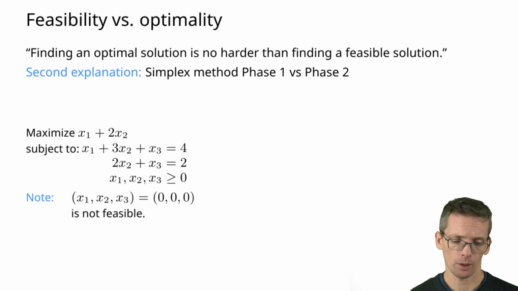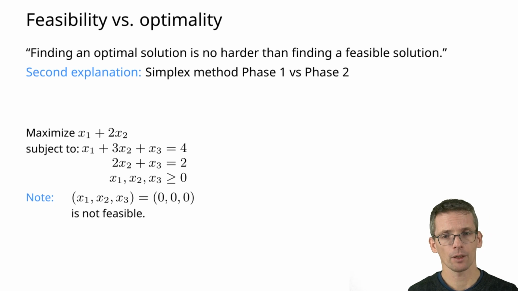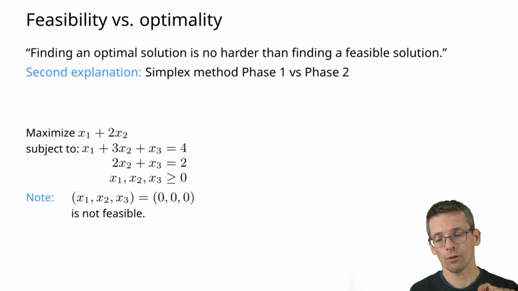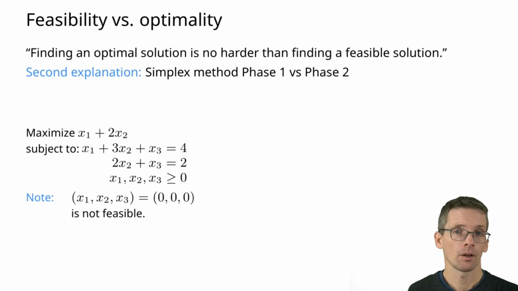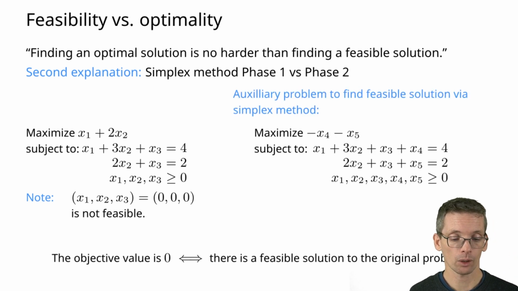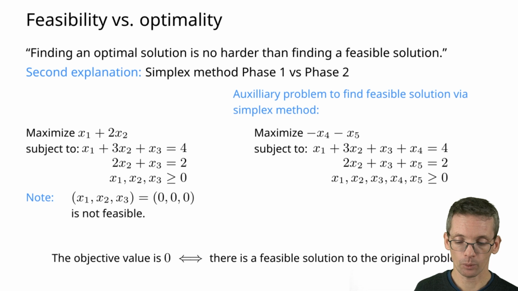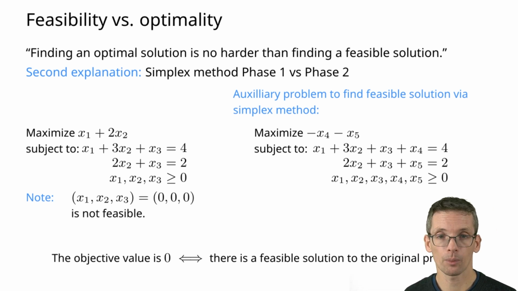Another argument that we had is the following. In the simplex method, we had the first step of finding an initial basic feasible solution. And the best idea that we had there was to use an auxiliary problem, so to solve an auxiliary LP, and that would give us a feasible solution to our initial LP.